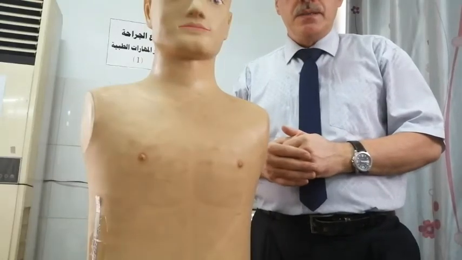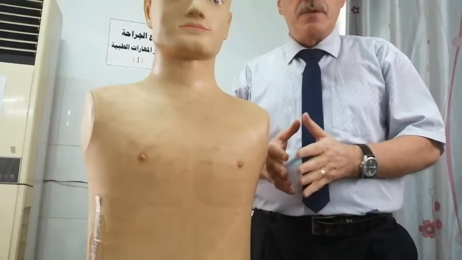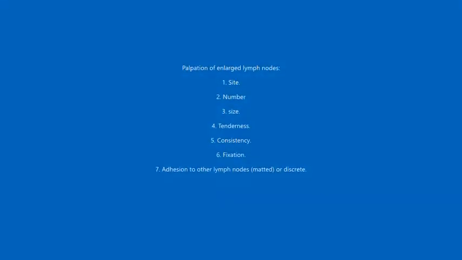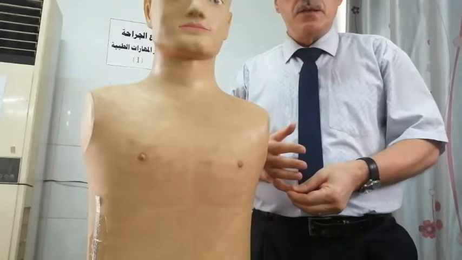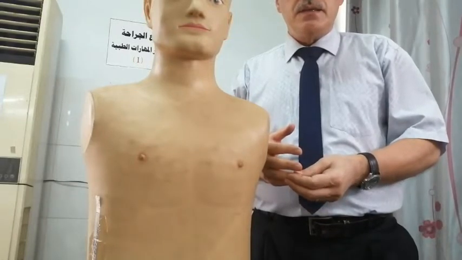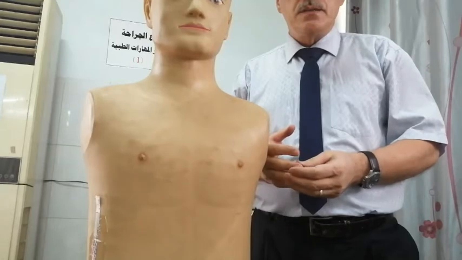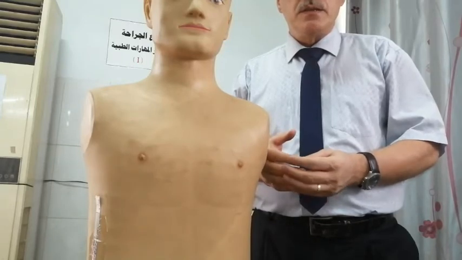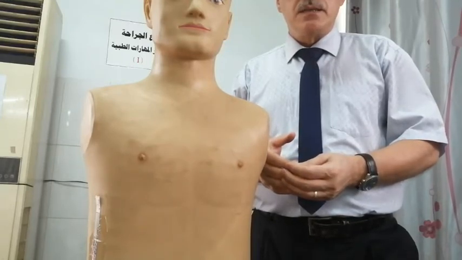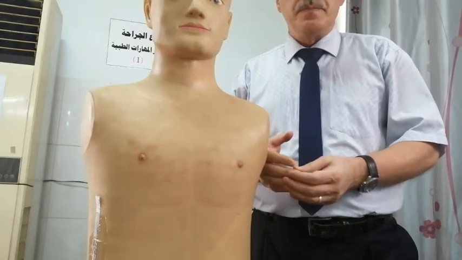In palpation, you have to describe the following: whether there are enlarged lymph nodes, the number of lymph nodes, tenderness of lymph nodes, and consistency, rubbery or firm.